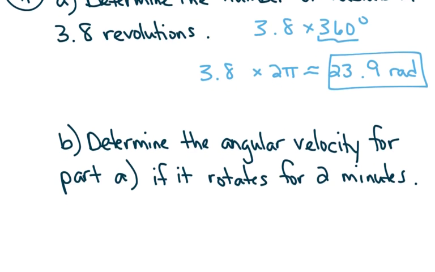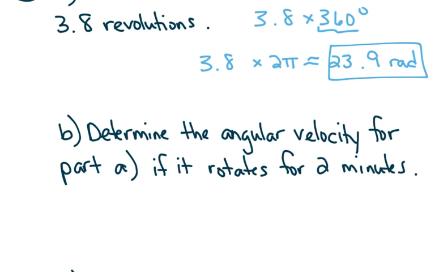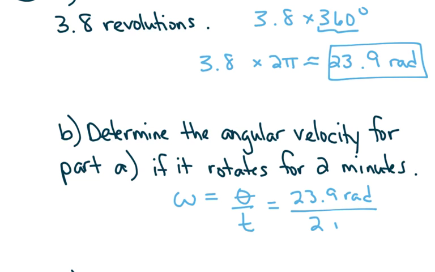Now that you have that answer, you need it to do part B. Determine the angular velocity for part A if it rotates for 2 minutes. The formula for angular velocity was omega equals theta over t. So theta is in radians, so we need our radians from the previous part, and then t is your time.